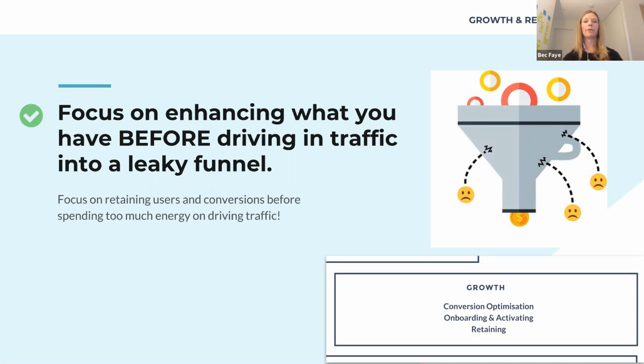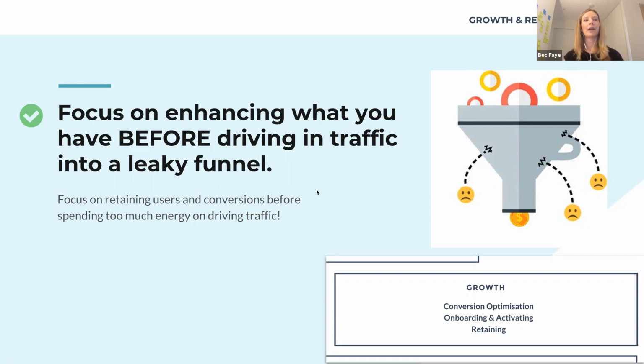Now, the problem is if you're sending in lots and lots of traffic, you're spending a lot of time and energy and money pouring in traffic into the top of your funnel, yet you're losing people out the sides, out of your leaky funnel. You're really limiting how you can grow as a platform and how much money you can make as well. So by really focusing in on plugging these gaps as early as possible, you're going to be optimizing all that work you're doing at the top end of the funnel.